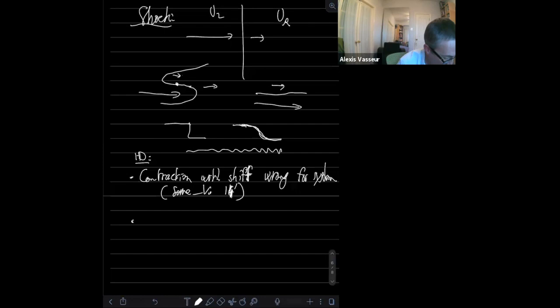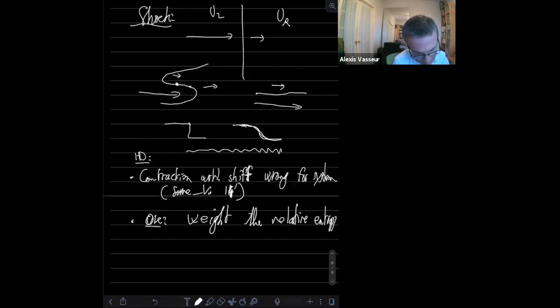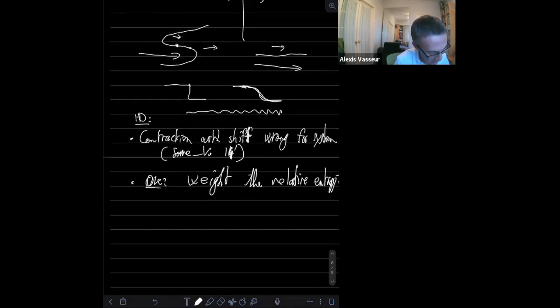Because what we found with Kong was that actually we can do it with weights. It's okay if you weight the relative entropy, and this is the A. What it means is that now what you want to say is that there exist A1, A2, so it's this Kong.